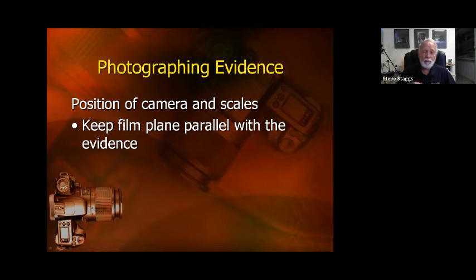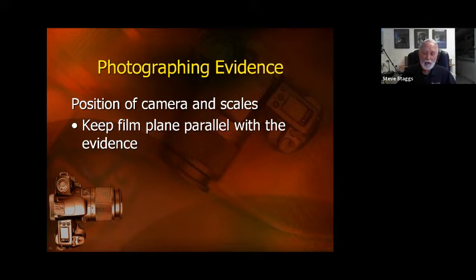They can take measurements off of our photographs and use those measurements to determine angles and so on and so forth. So it is critical for certain evidence that we do this. For all other evidence, it's very important that we do it because we get photographs that are not distorted.